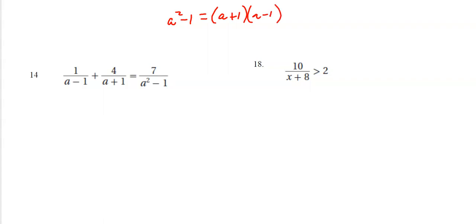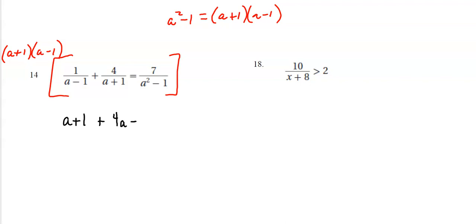So I'm going to just multiply this whole thing by a plus 1, a minus 1. Let's just start killing people off. So the 2 minus 1s kill off, so I will just have a plus 1. The a plus 1s kill off, so then I'll have 4 times a minus 1. Let's try to do that all together. That's 4a minus 4.